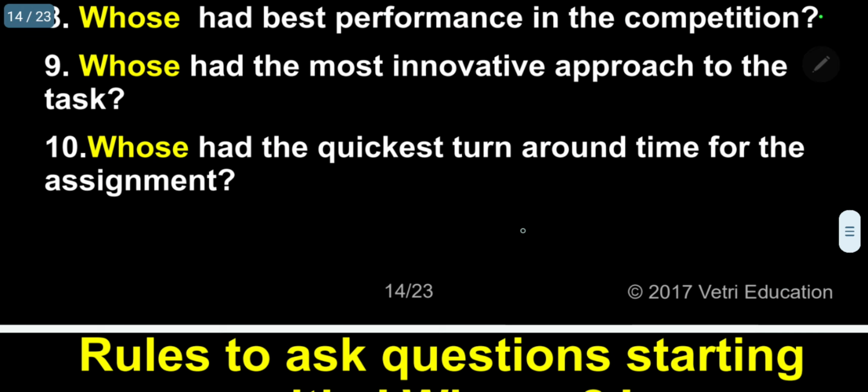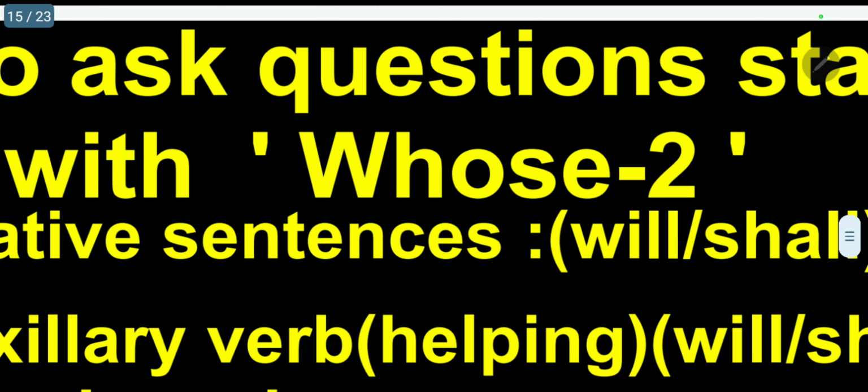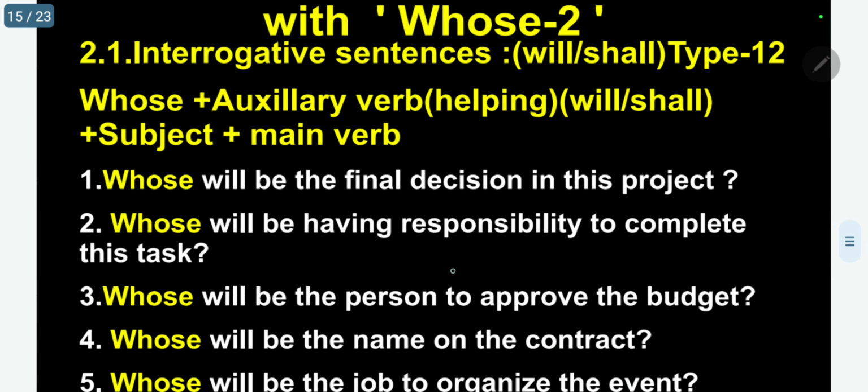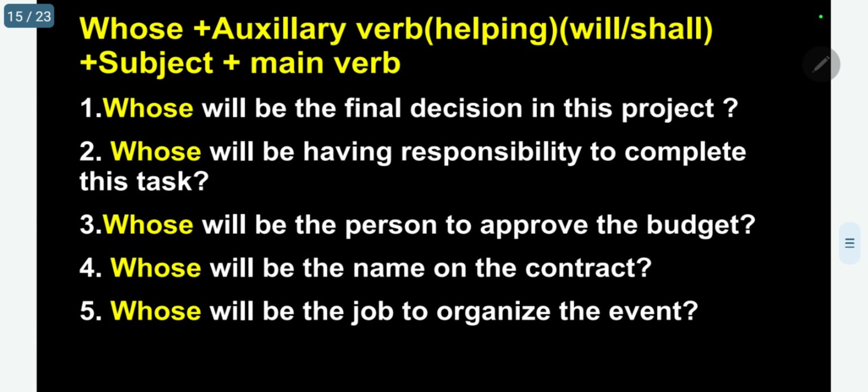Next, I will go for the fourth one, that is the fourth auxiliary, we'll call it the secondary auxiliary verb. In this case, will, shall, may, can, etc. will come.